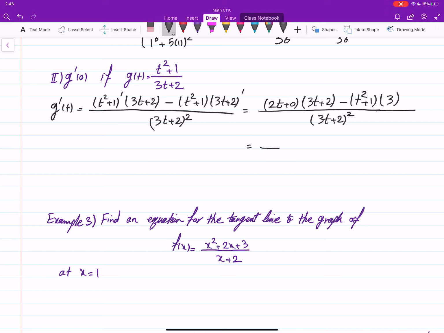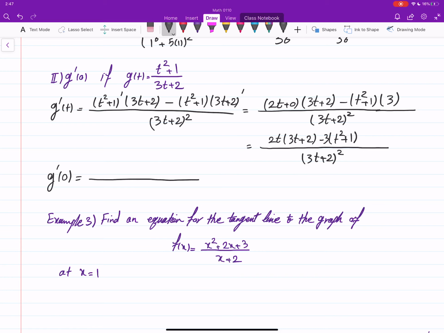And that gives us 2t times 3t plus 2, minus, well, there's a 3 there, so it will be this. I can simplify a little bit, but I will leave it like that, because what we are interested in is the derivative of the function at 0.